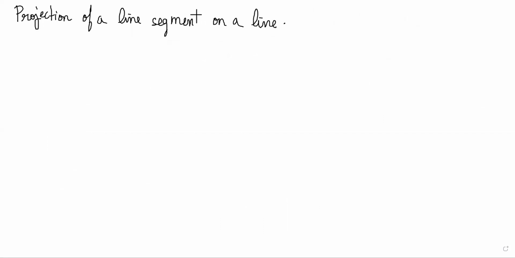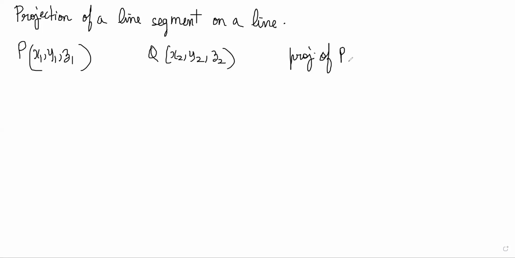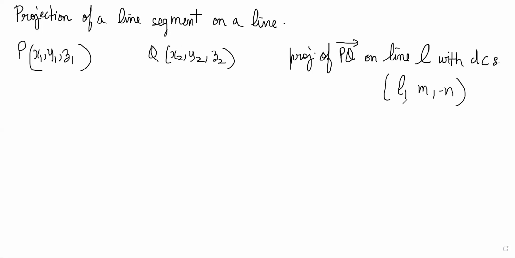So let's say we have x1, y1, z1 is point P and Q is the point x2, y2, z2. We want to find out projection of PQ segment on line L whose direction cosines are L, M, N.